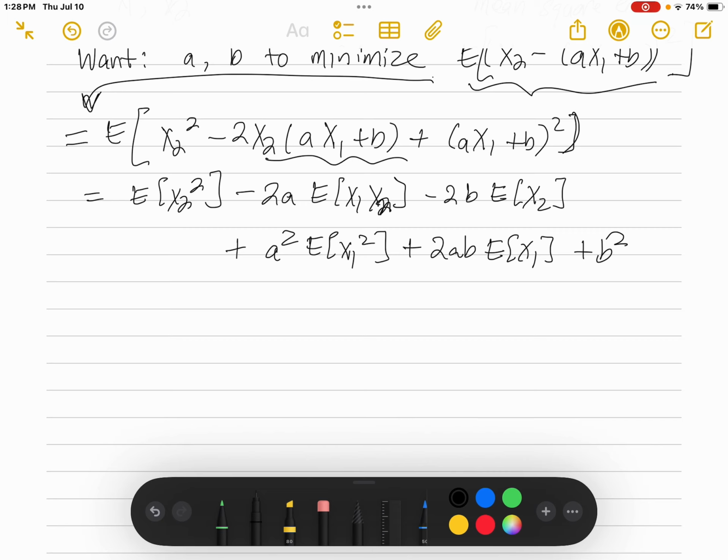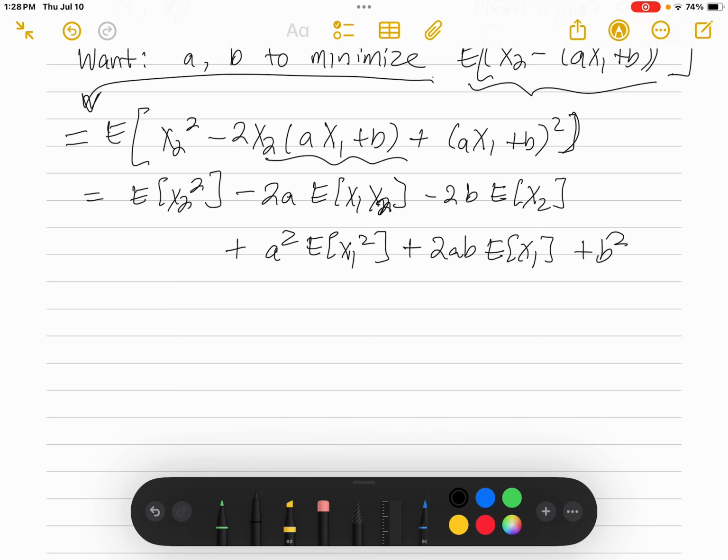Everything that's E with something in brackets is a constant. Now you have a function of two variables, a and b. Going back to multivariable calculus, how do you find the x and y that make a function as small as possible? You want to find the critical points of this function.